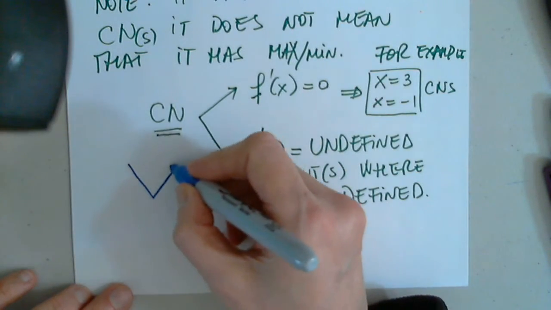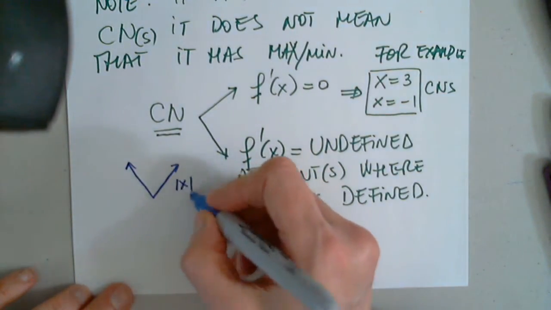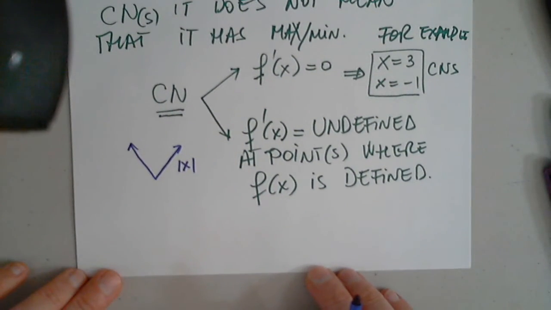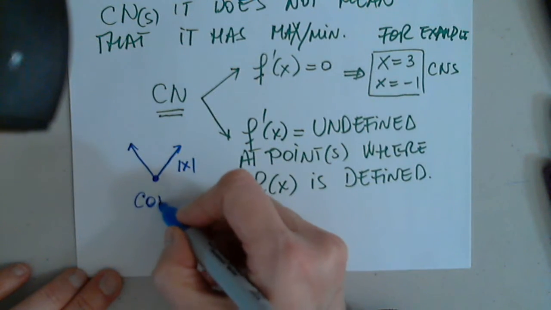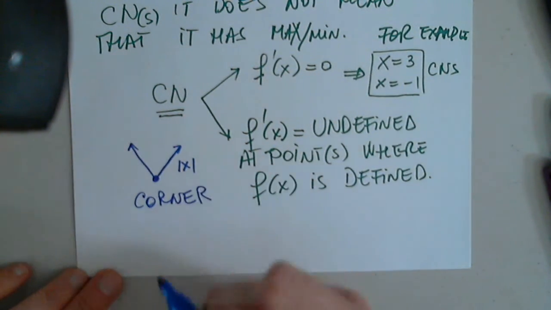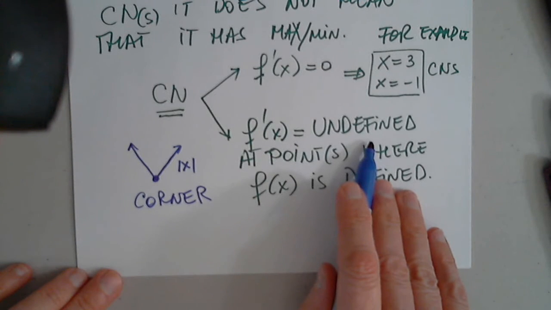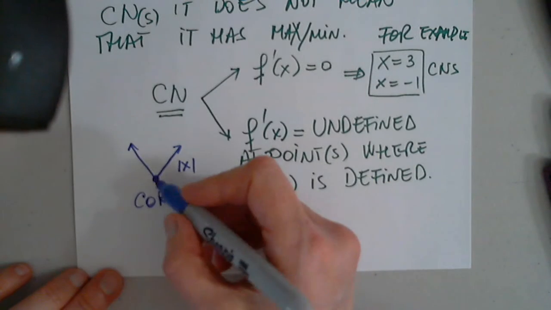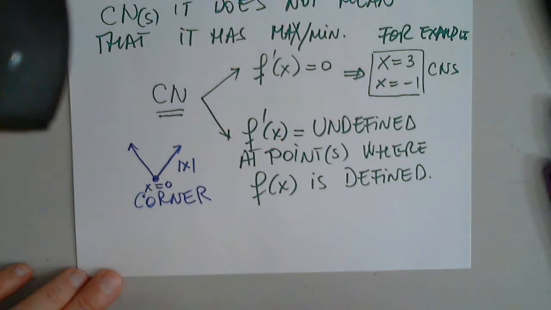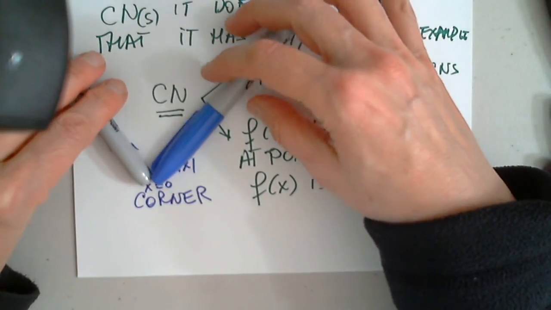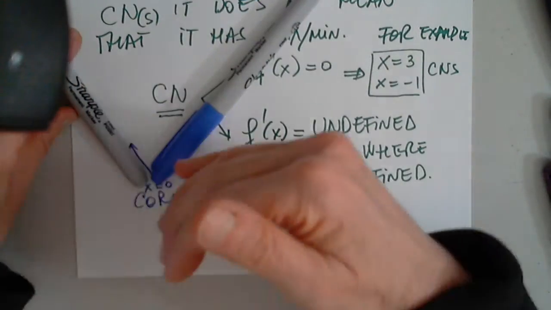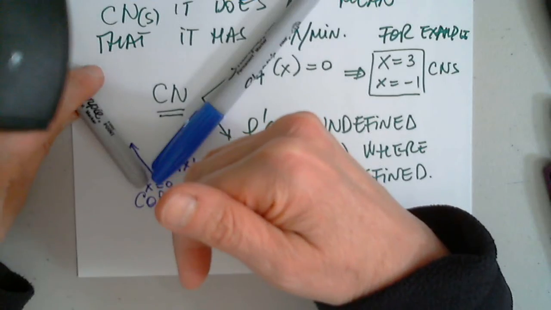If you remember, this is the graph of the absolute value of x. And we said it has a corner. This is a corner. The derivative is undefined, and this will be at x equals 0. So the derivative is undefined because there are two tangents here. One with a negative slope and one with a positive slope.